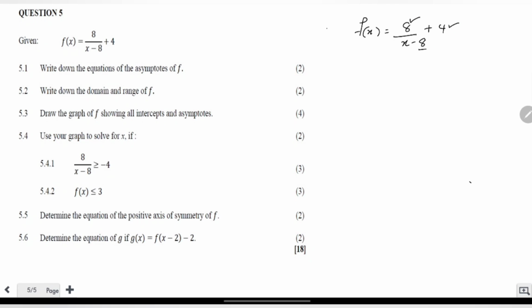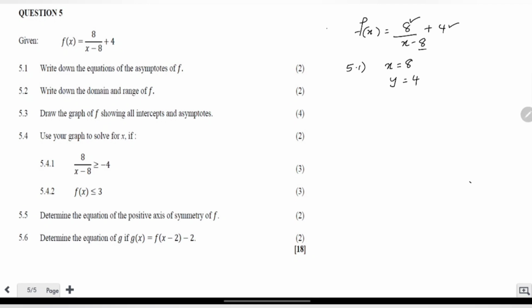Now write down the equation of asymptotes. We already know that x is equal to p and y is equal to q. Just the matter of substitution, you will get it. That is 5.1: x is equal to p, here it is 8, and y is equal to q, which is 4. So this is the answer to that question.